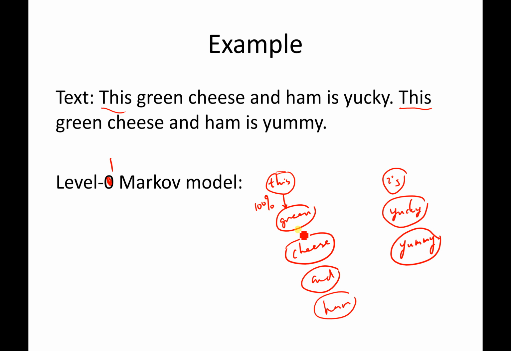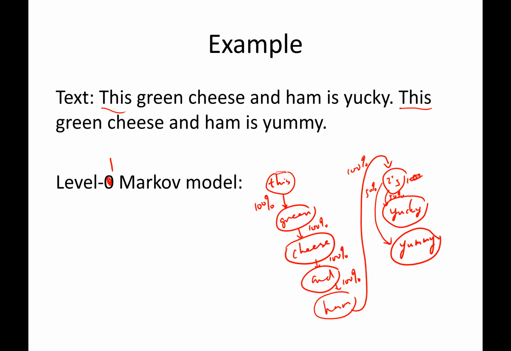Similarly, 100% here, and 100%, and from here 100%. But from is, to yucky and yummy, it is no longer 100%. Each of them has a 50% chance.